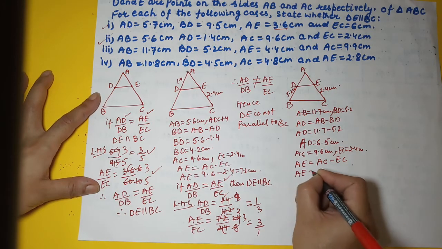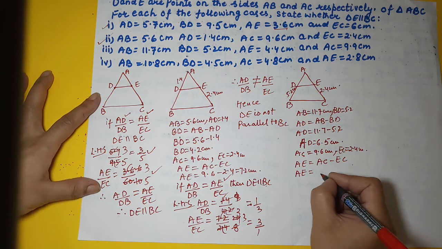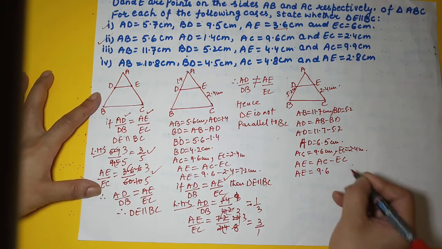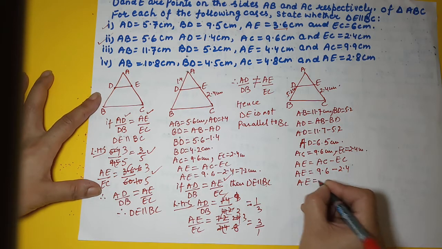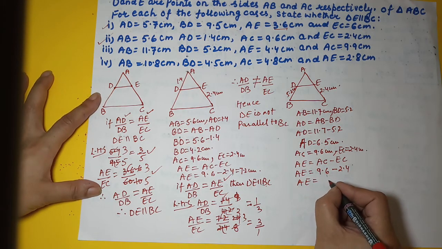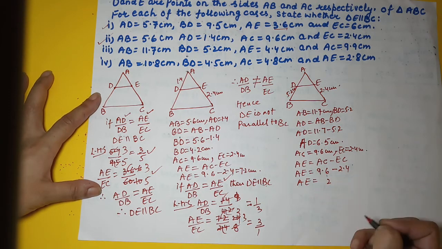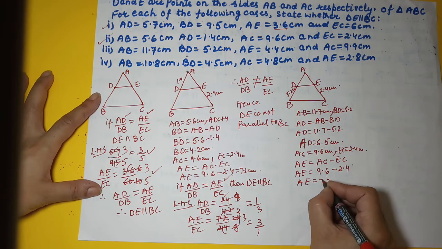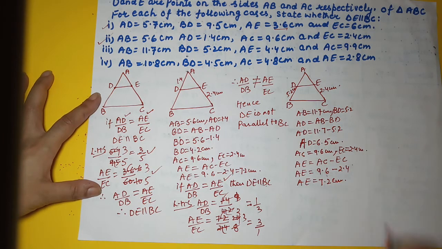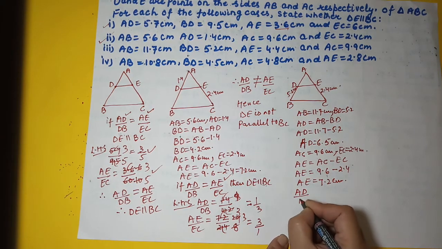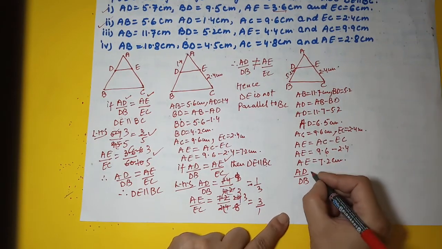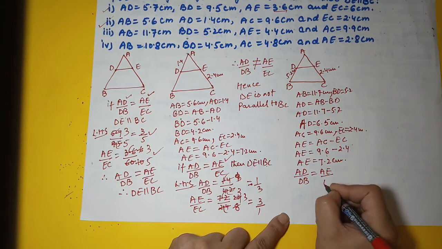So my AE will be, AC is 9.6, EC is 2.4. So AE will be 6 minus 4 is 2, 9 minus 2 is 7. So 7.2 centimeters. Right? Now let me check whether AD by DB is equal to AE by EC.